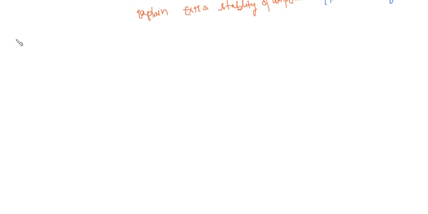For resonance there must be conjugating structures. So what are the conjugating structures?